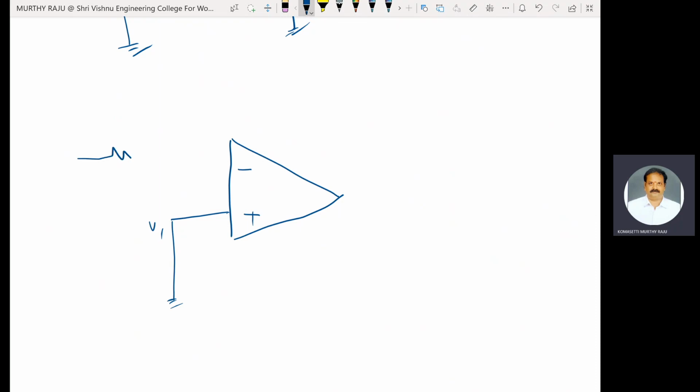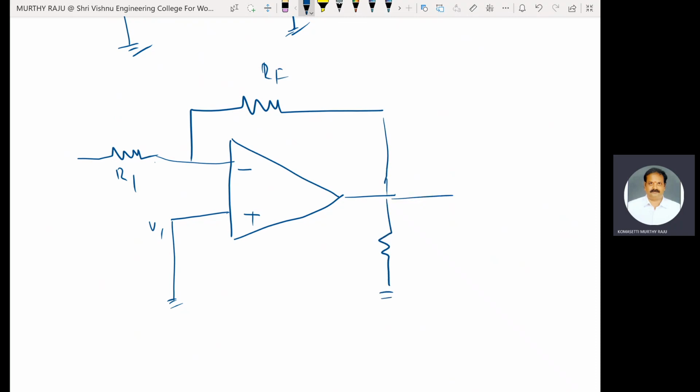So this one is R1, RF, RL, V0. V1, V2, IB2, IB1. This one is VIO. R1 is connected to ground.